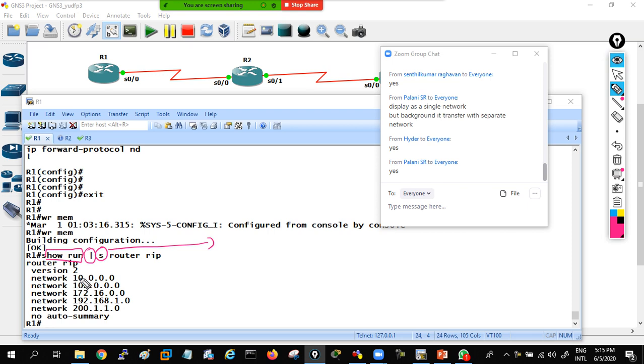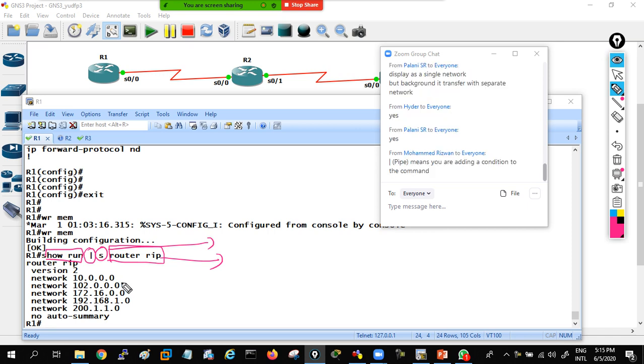I can say I want to see all my configuration, but only the section I want to see is RIP. Are you clear, everybody? You understand the filters? Because sometimes when you are going for exams, if you don't know the filter, every time you cannot see all the configuration. It will take some time, if it is 200 lines, 300 lines.